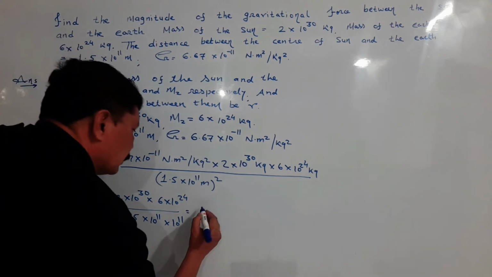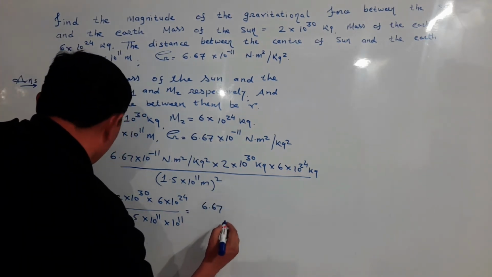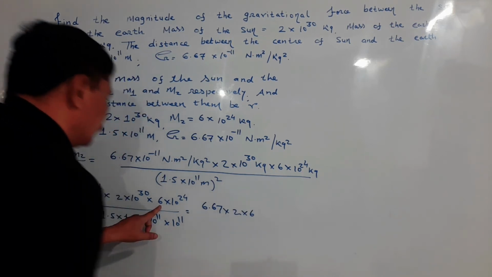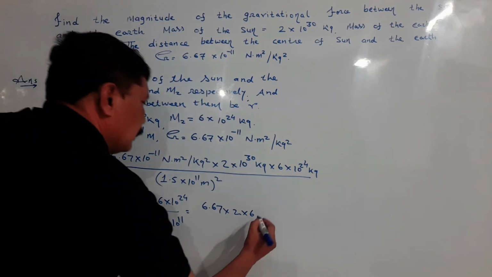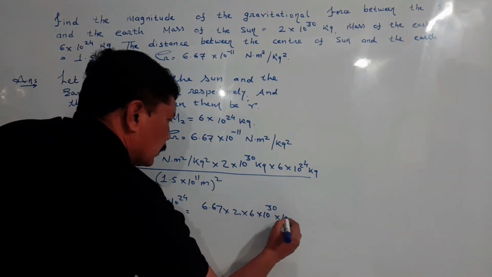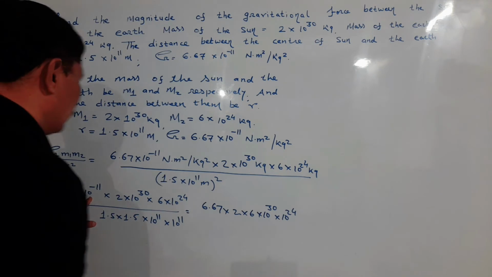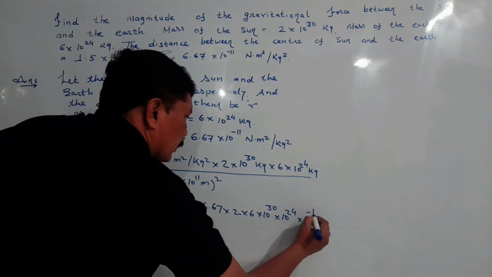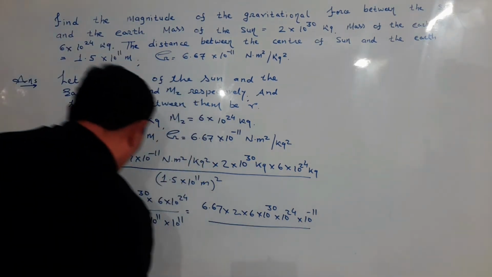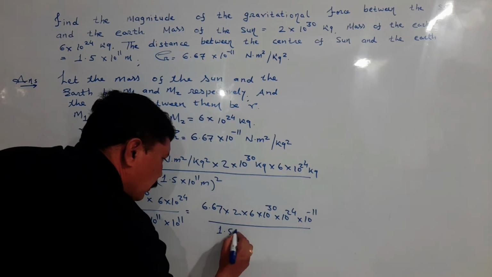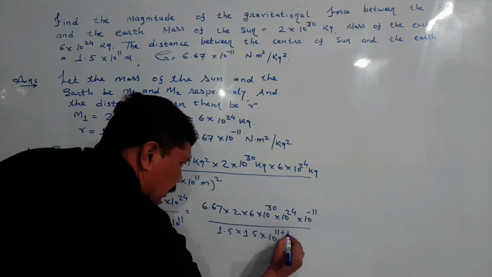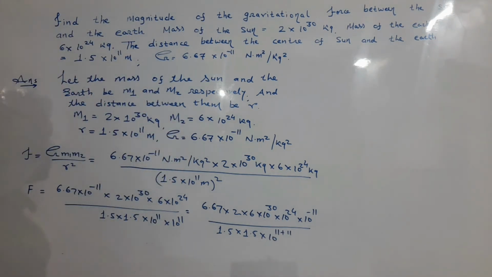So F is equal to 6.67 into 2 into 6 into 10 to the power 30 into 10 to the power 24 into 10 to the power minus 11 upon 1.5 into 1.5 into 10 to the power 11 plus 11 we can write.